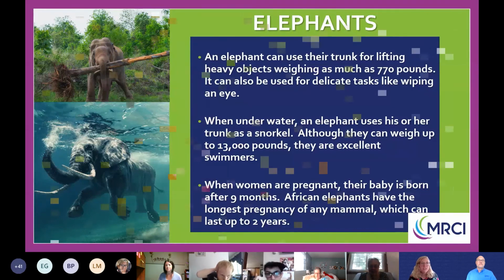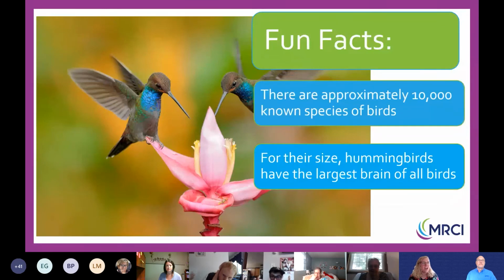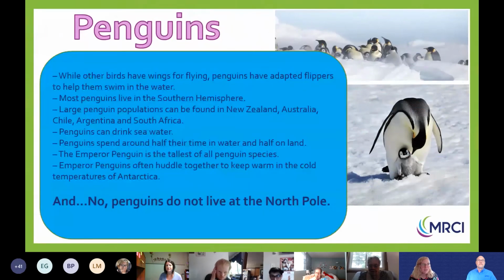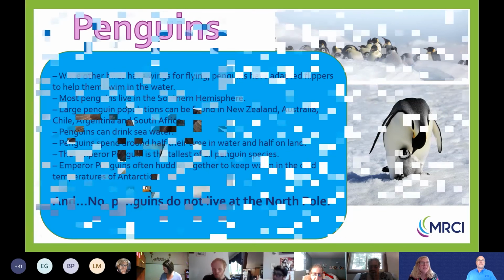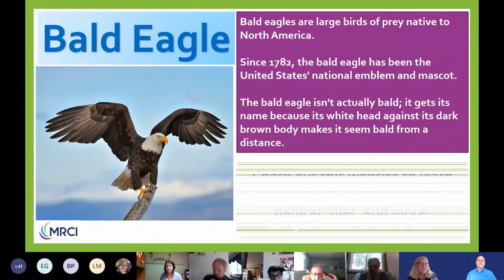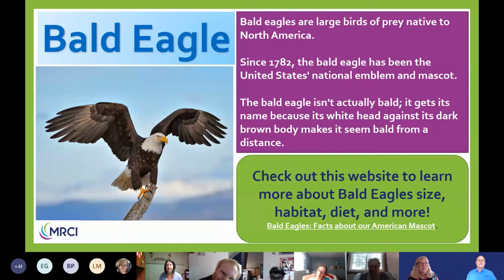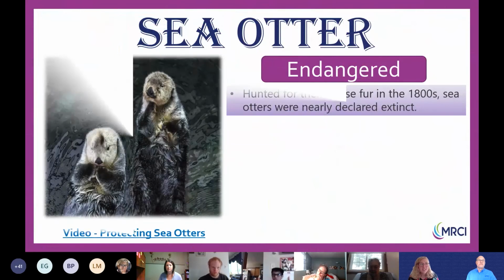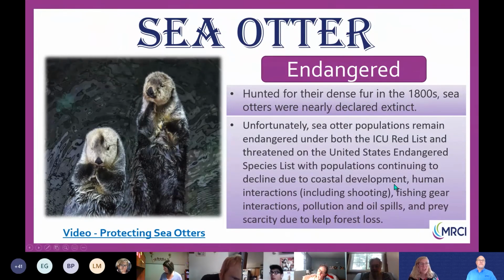We have studied the world of birds, learning that for their size, hummingbirds have the largest brain of all birds. And the world of awesomely adorable penguins, and no, penguins do not live in the North Pole. We learned about our majestic American symbol, the bald eagle, and seen them soar and pick up their dinner to go while skimming over the water. We discovered the dangers that sea otters face and what conservationists are doing to protect them, and so many more animals in the animal kingdom.